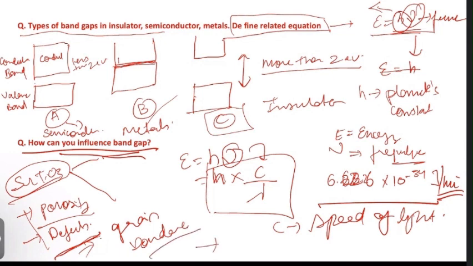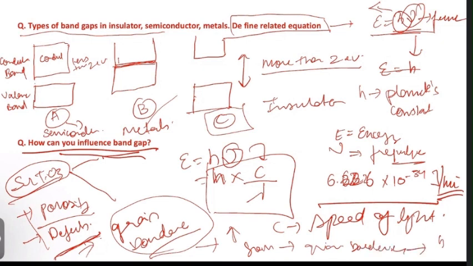Grain boundaries increase when we decrease the size of the particle, right? We have a lot of grains. That means we have a lot of grain boundaries, which will affect the band gap.